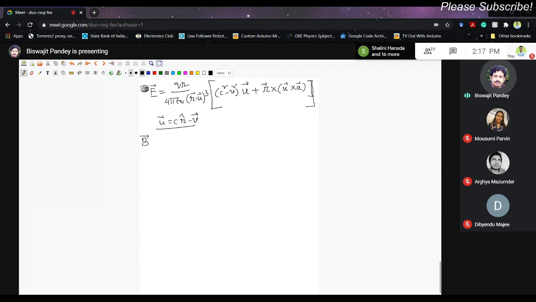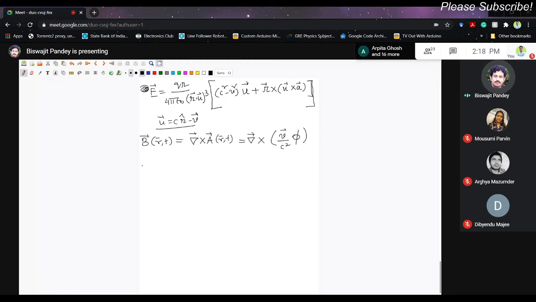Magnetic field, how do we calculate magnetic field for the moving point charge? We just have to take the curl of the vector potential, and the vector potential is already known to us. What was the vector potential? That is V by C square into phi. So that was the curl of V by C square, that's a constant, into phi, a scalar function. This is the magnetic field.